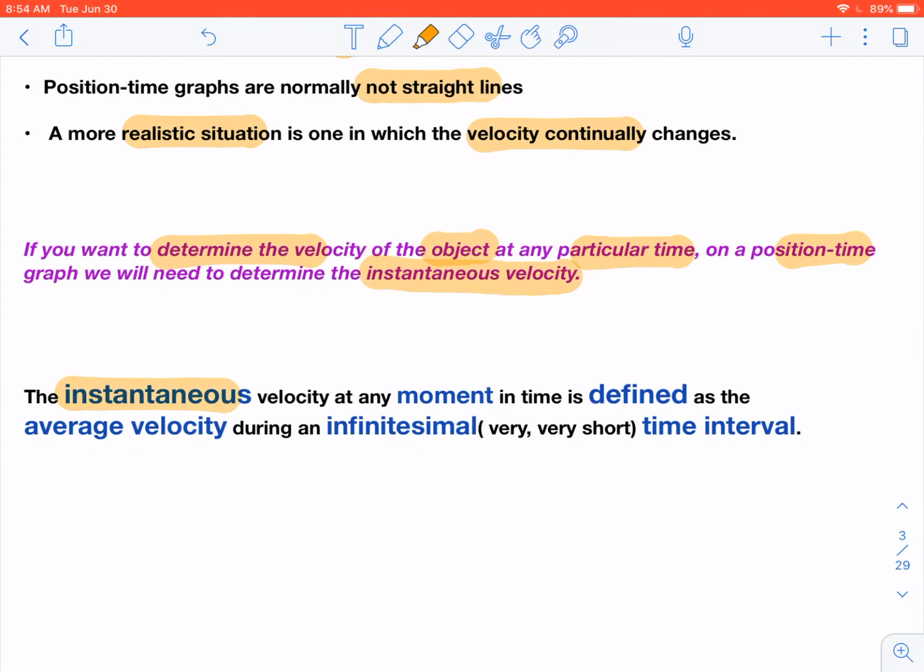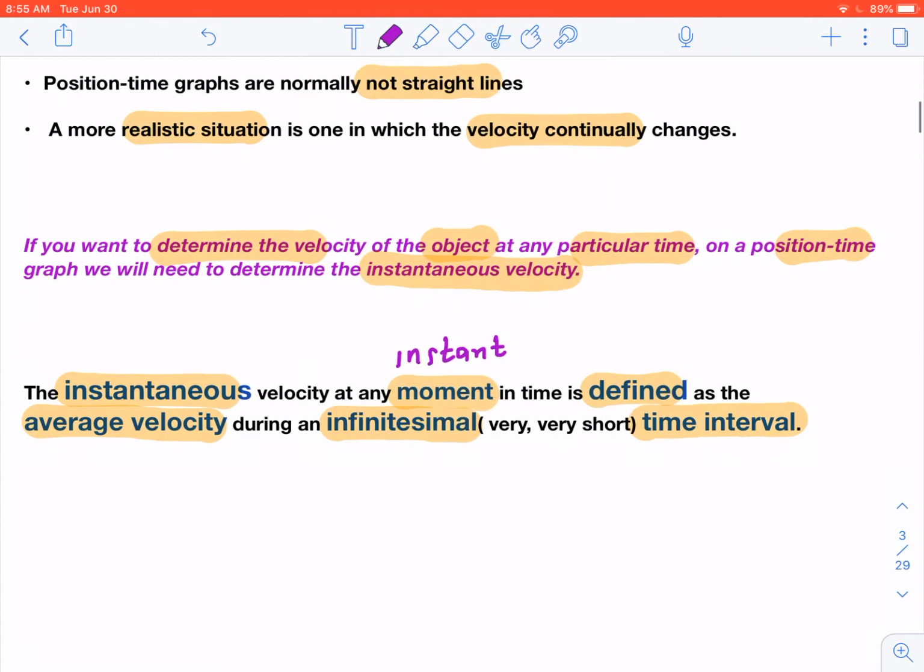The instantaneous velocity is a velocity at any instant or moment, and it is defined as the average velocity during an infinitesimal, which means very, very short, time interval. So we virtually want the instantaneous velocity at a particular instant in time.